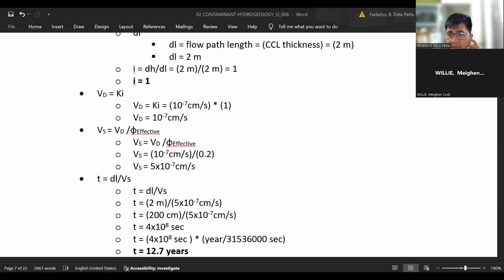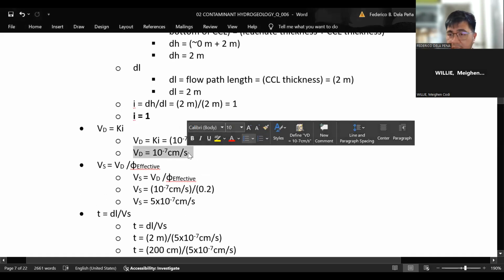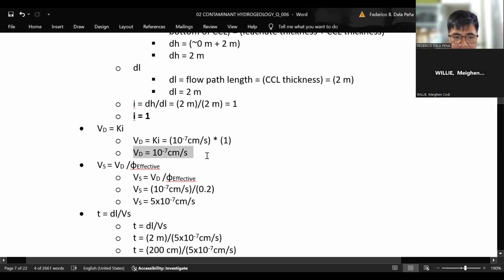You need about 115 days to travel 1 centimeter, or about 4 months to travel 1 centimeter. That's how slow the compacted clay liner is.